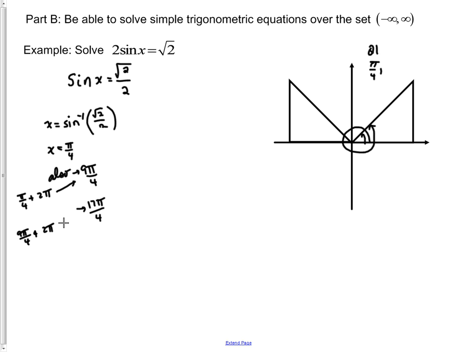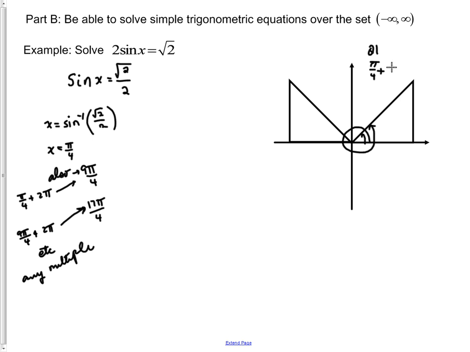That gives us our next angle of 17 pi over 4, and so on. What's happening right here? Well, it's not just pi over 4. It's actually pi over 4 plus any multiple of 2 pi, right? Any whole number multiple of 2 pi added to pi over 4 is going to give us an angle whose sine would be square root of 2 over 2.